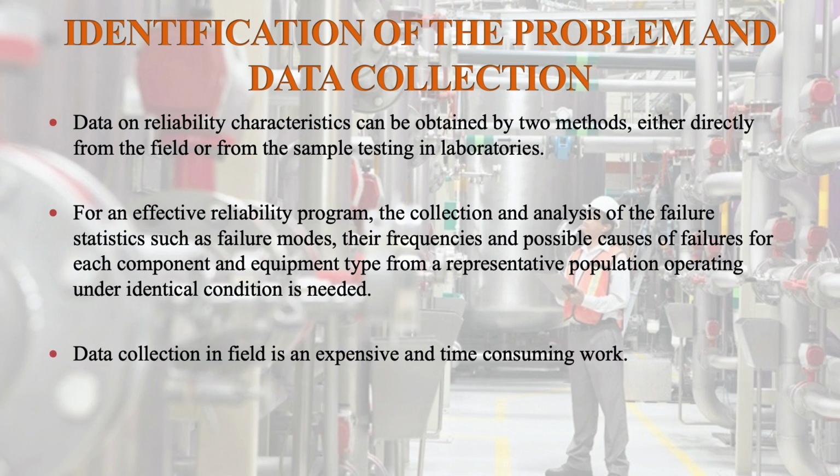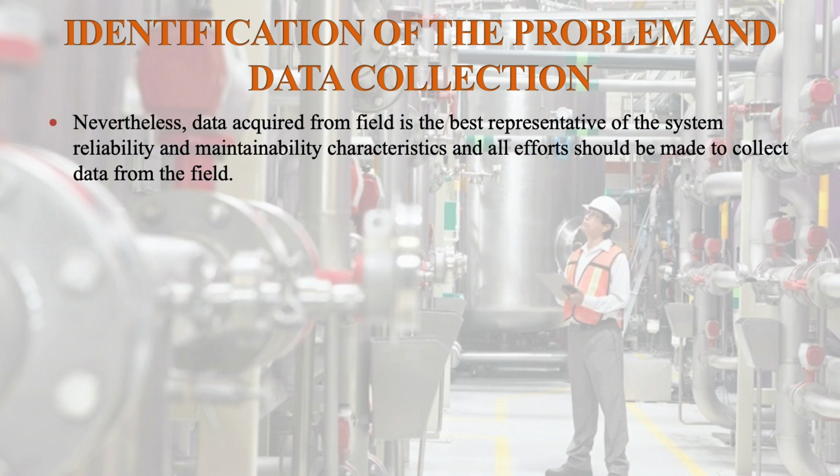Data collection in the field is an expensive and time consuming work. Nevertheless, data acquired from the field is the best representative of the system reliability and maintainability characteristics, and all efforts should be made to collect data from the field.